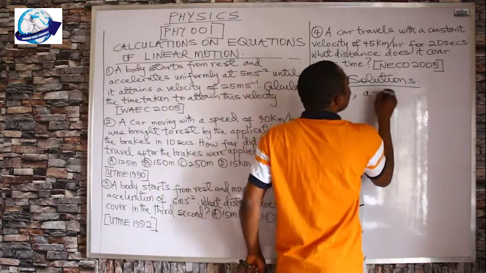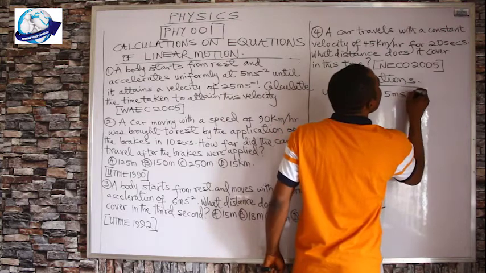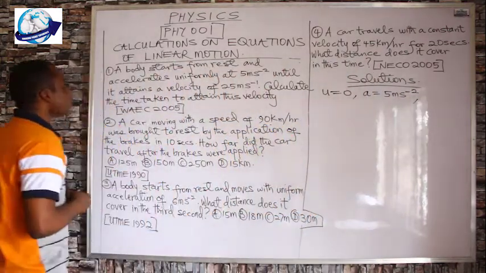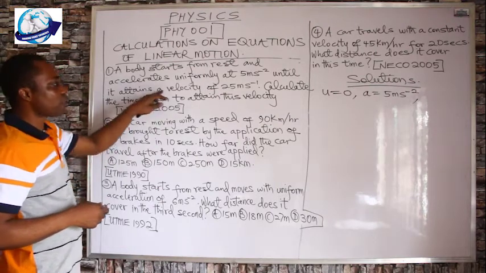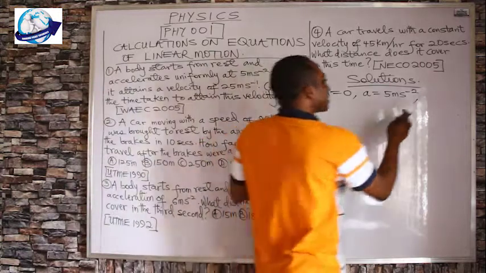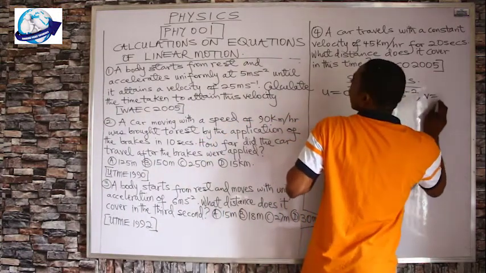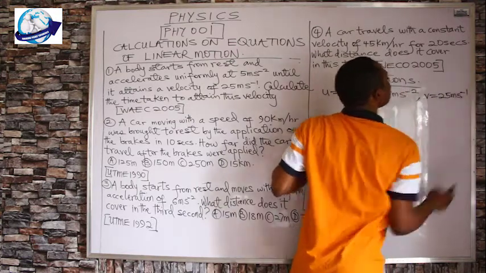So a, which is acceleration, is 5 meters per second squared. Then the next one, until it attains a velocity of 25 meters per second. That is the final velocity, the new velocity. So v equals 25 meters per second.